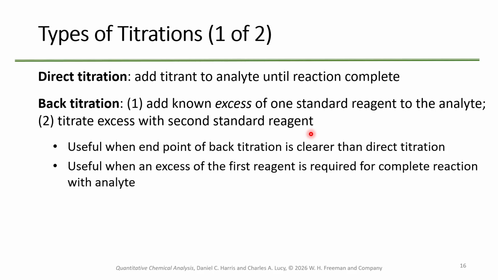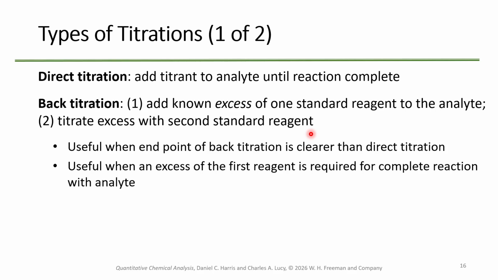Let's say we took something basic, like an antacid, which is what this is done on a lot. Antacids are basic, right? They neutralize HCl. So what we do is put in a bunch of HCl, an excess, more than it would require to break down and use up all the antacid.